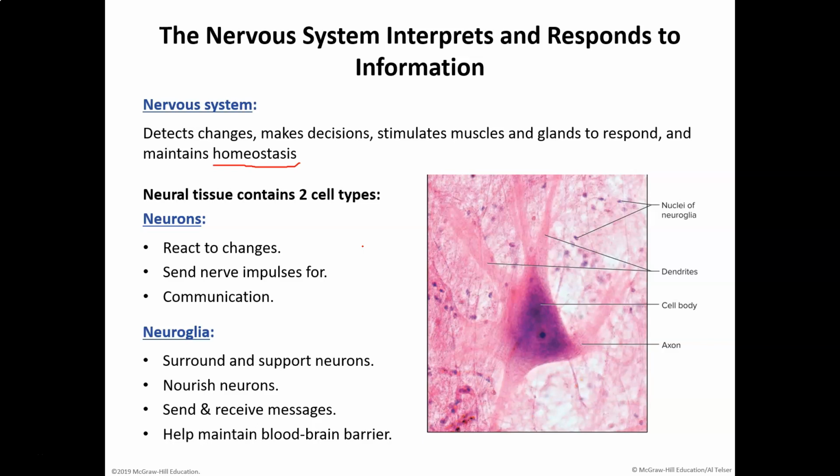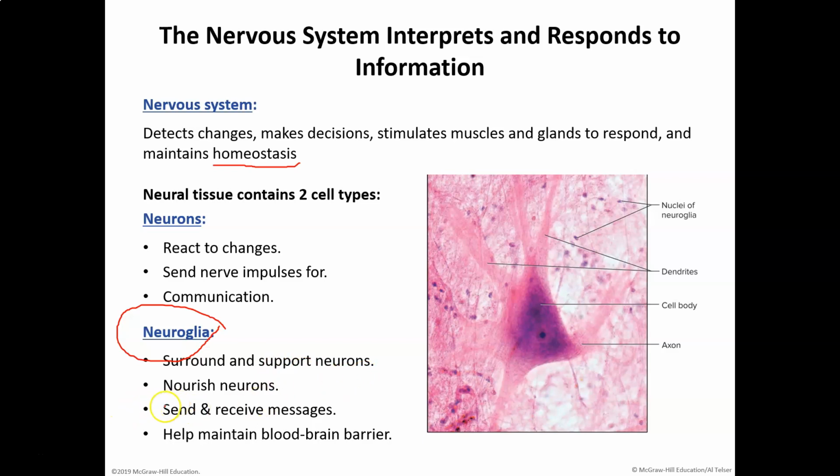Okay. But neurons cannot do all of this by themselves. They have to have supporting cells, supporting tissues, helper cells. Those helper cells are called neuroglia. There's all kinds of different cells that are lumped into this category called neuroglia. And they do all these things. They surround and support neurons, literally support them physically, but also metabolically.